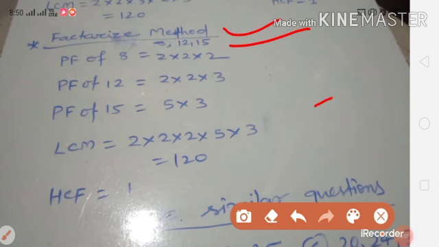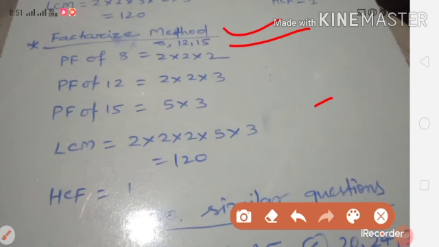Any number has a lot of multiples, so we define the lowest common multiple, and factors are finite, so we find the largest, that is the highest common factor.